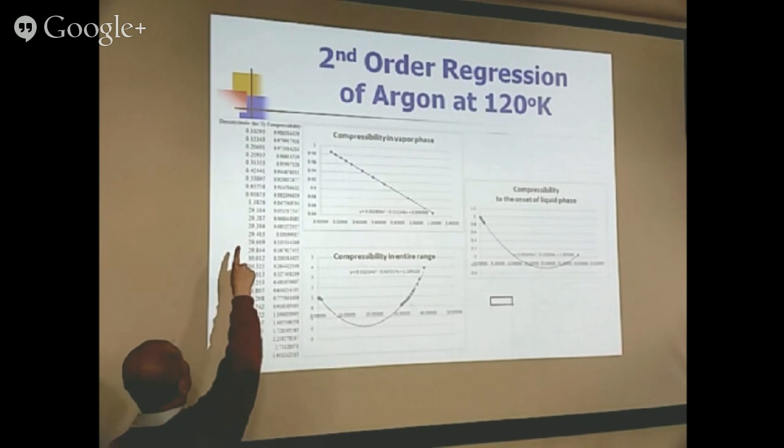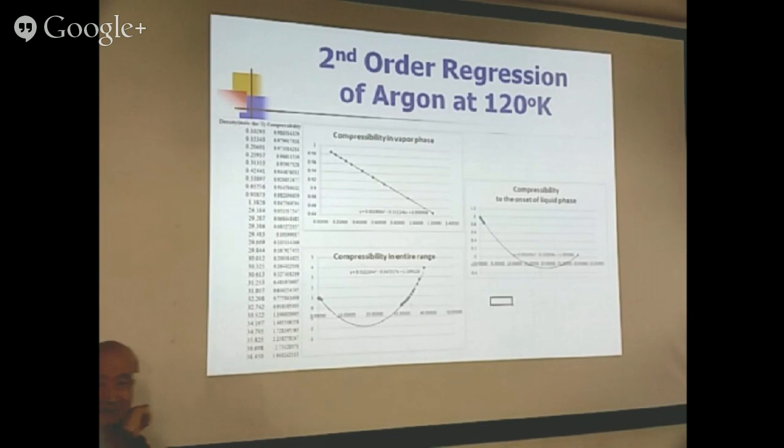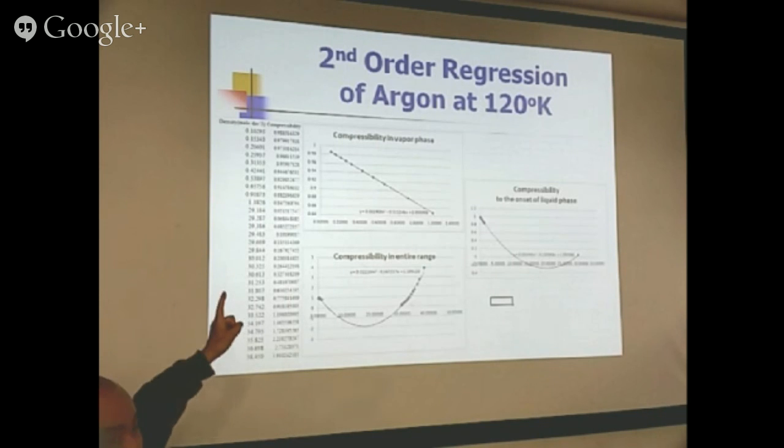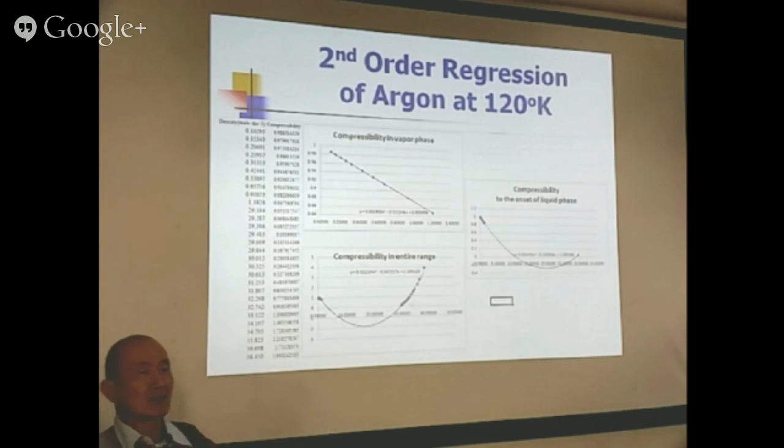You see here, from the top down, it is very small, and it becomes a 1, and then jumps to 29. What it means is that at the lower pressure, things are in the gas phase, so the density is small. And then when the pressure is increased to this point, it becomes liquid. So the density jumps from 1 to 29. So there's a big transition from the gaseous phase to the liquid phase.